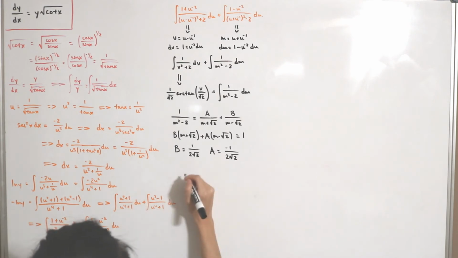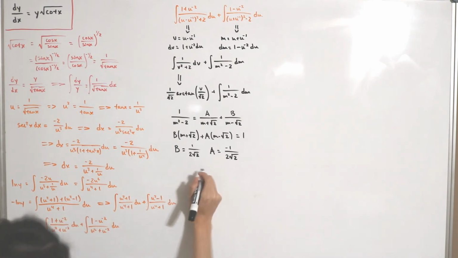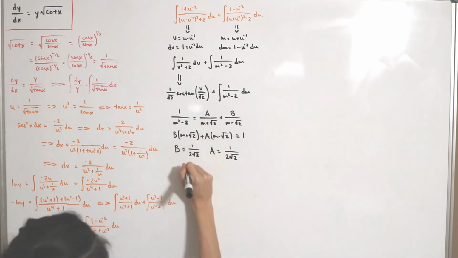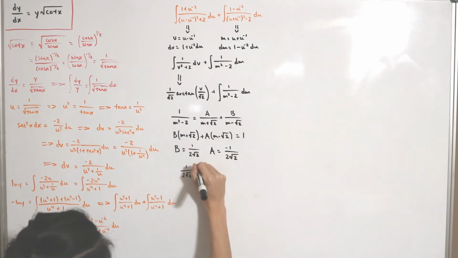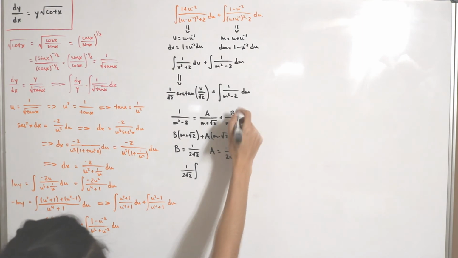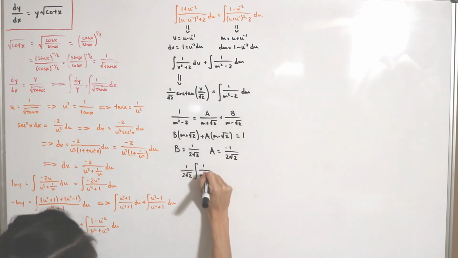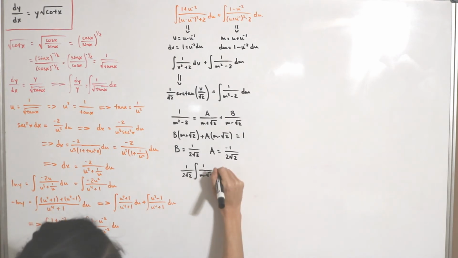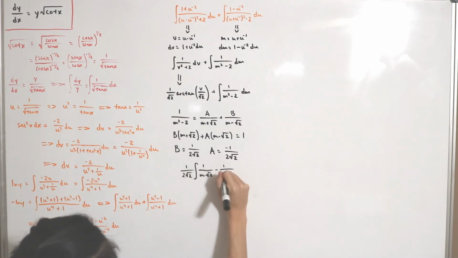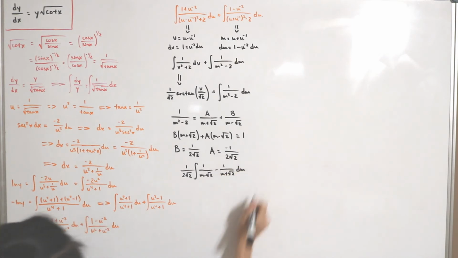Rearranging some things is the way I'm trying to go at. So with this new integral, I'll factor out a 1 divided by 2 times square root of 2 with our integral. So this will be 1 divided by m minus square root of 2, and then minus 1 divided by m plus square root of 2, then dm.